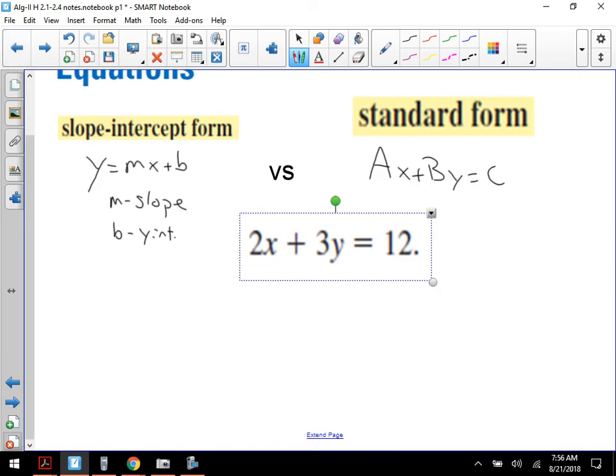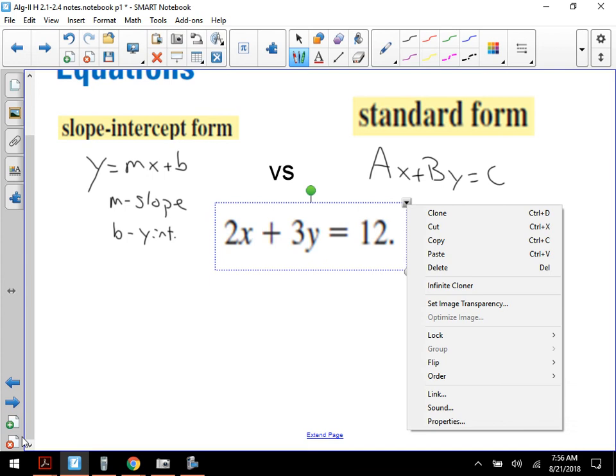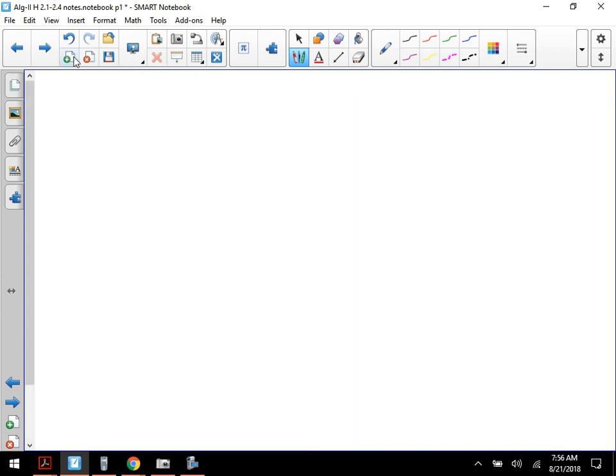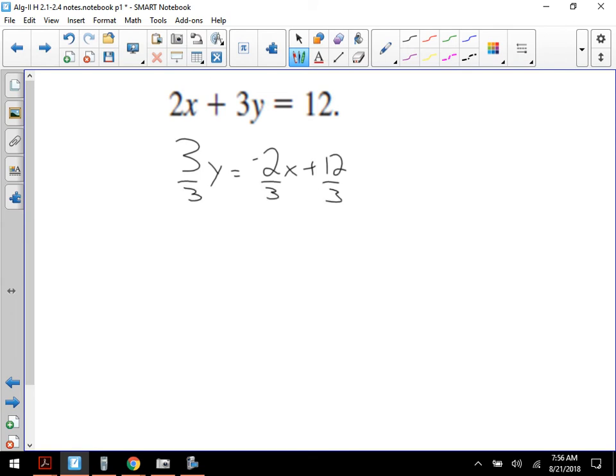So you've been taught to do 3y equals negative 2x plus 12. And then what would you do? You divide the whole thing by 3. And now you have a slope-intercept problem of negative 2/3 x plus 4.